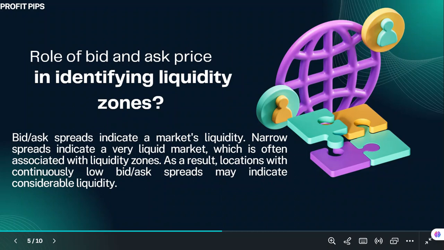I'll go over that again. Bid and ask price indicates a market liquidity. Narrow spreads indicate a very liquid market, which is often associated with liquidity zones.